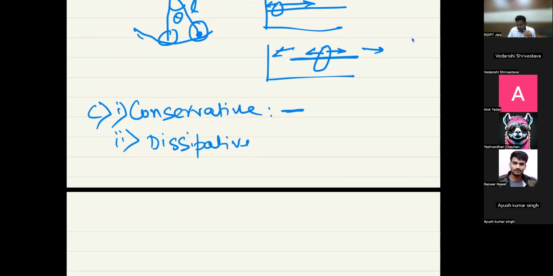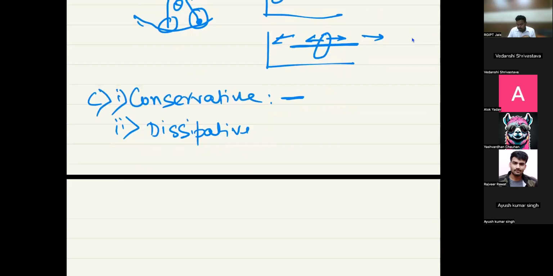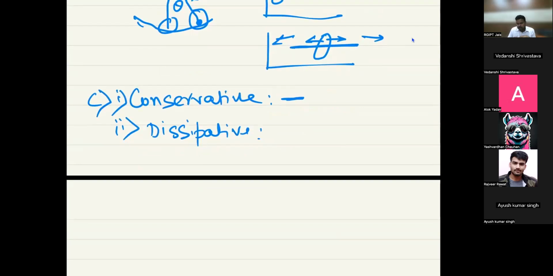For example, in this case of pendulum, the constraint force is basically the tension in the wire, that balances the gravitational pull. So that is a conservative force. But for a dissipative force, for example a frictional force, that will do some work, and that will be an example of dissipative constraint.